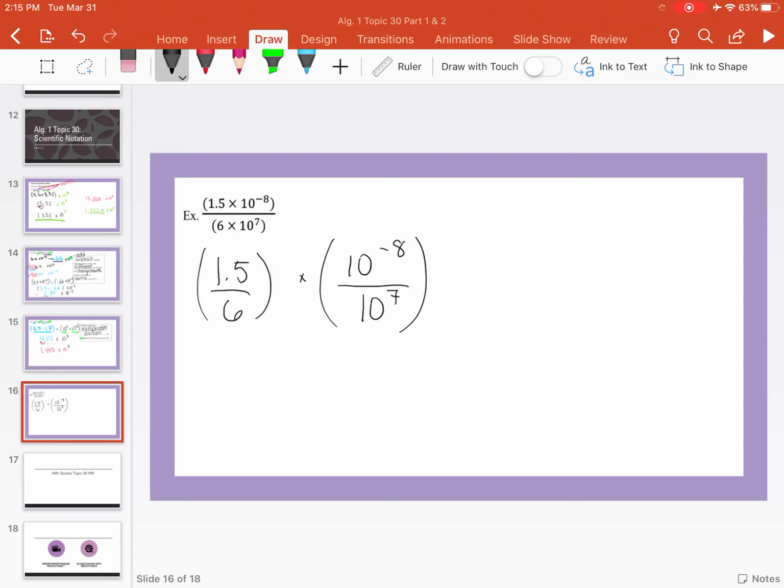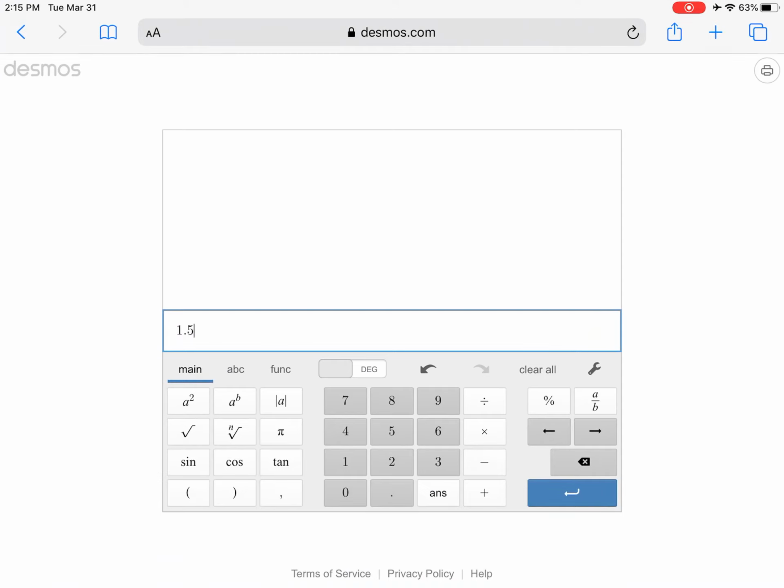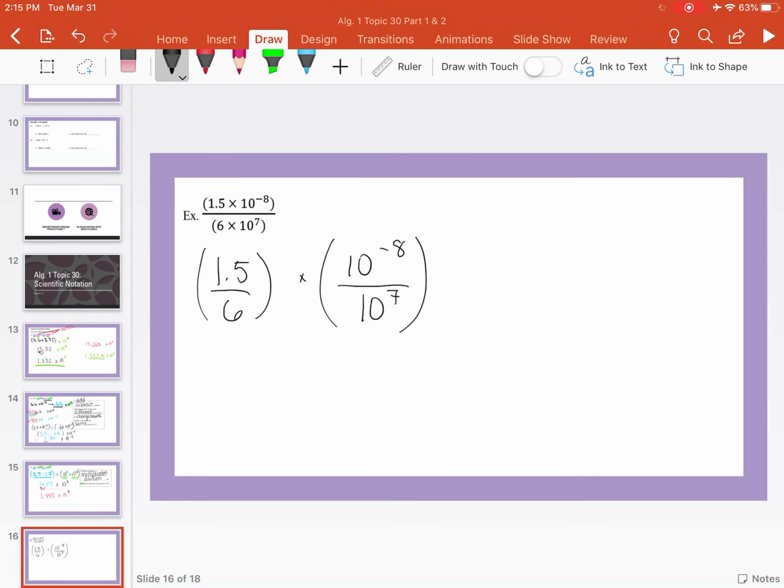So I can simplify this. 1.5 divided by 6. What does that give me? 0.25, or 25 hundredths, or a quarter. Now 10 to the negative 8th divided by 10 to the 7th.